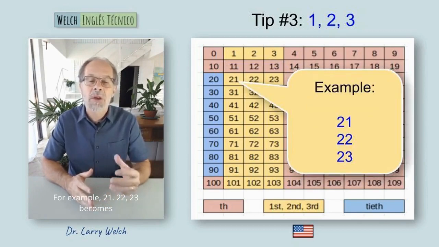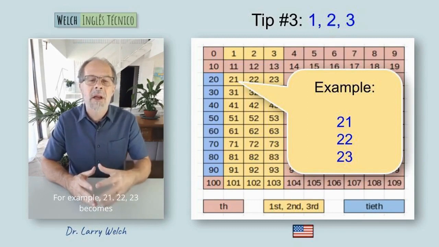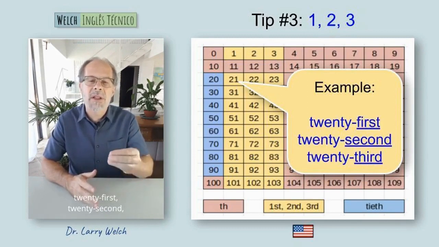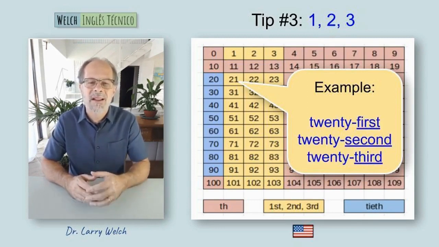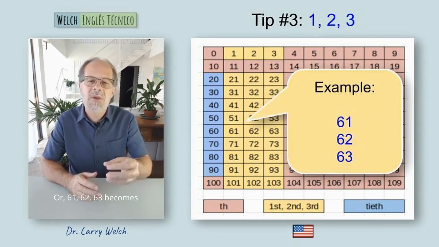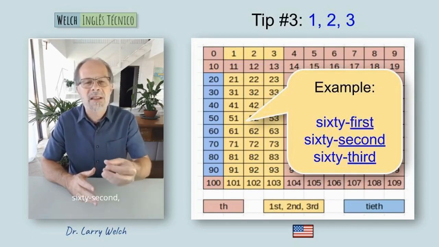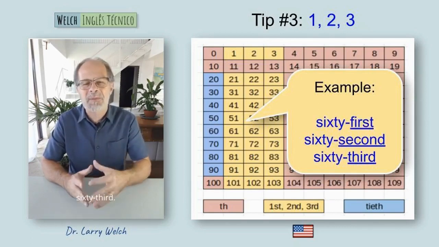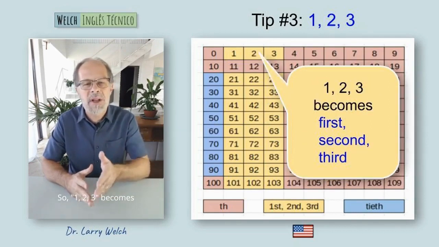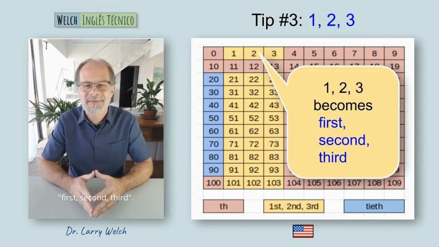For example, 21, 22, 23 becomes 21st, 22nd, 23rd. Or 61, 62, 63 becomes 61st, 62nd, 63rd. So 1, 2, 3 becomes first, second, third.